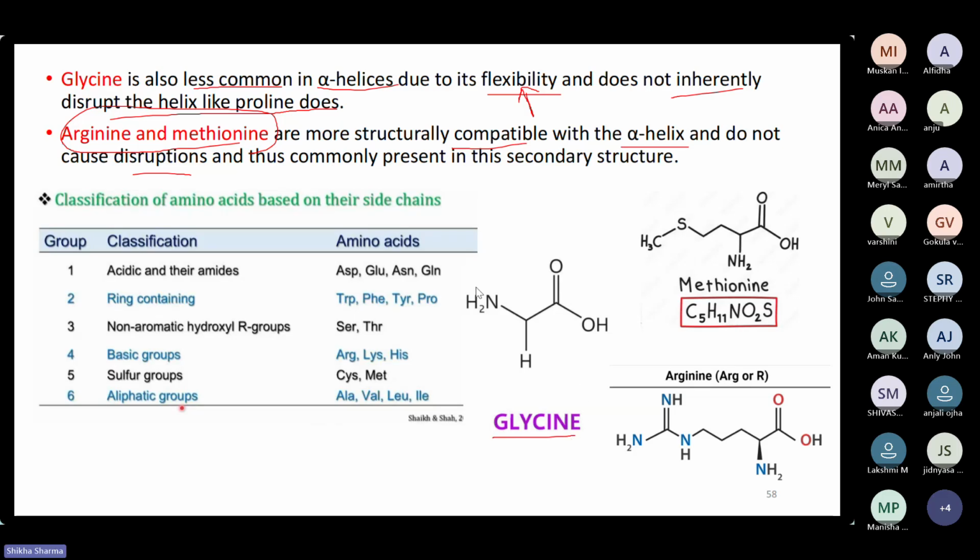It has this amide H and an open structure, the same as methionine here and arginine here, and this is the amide, right? So they can form the helix, but proline cannot because of the ring structure.